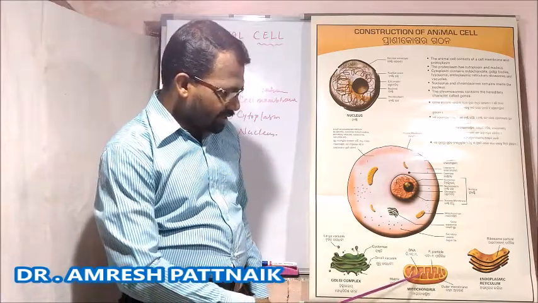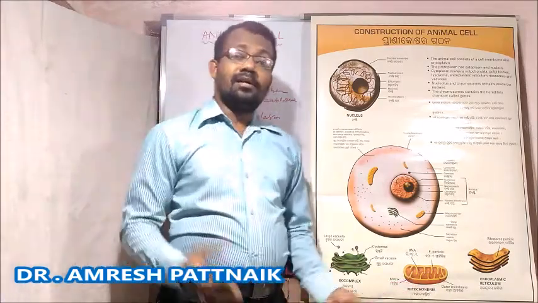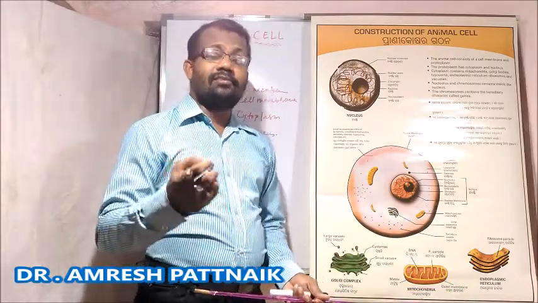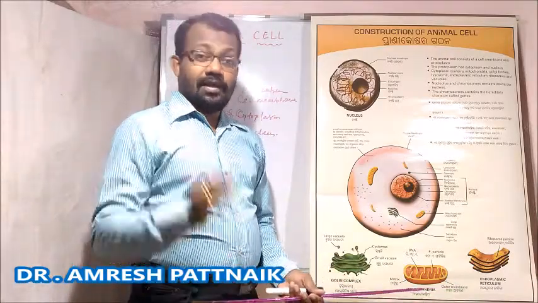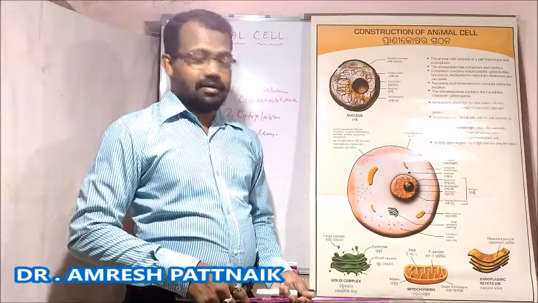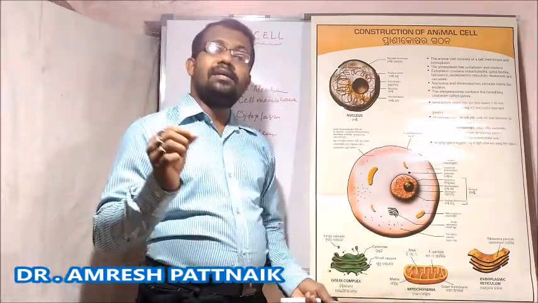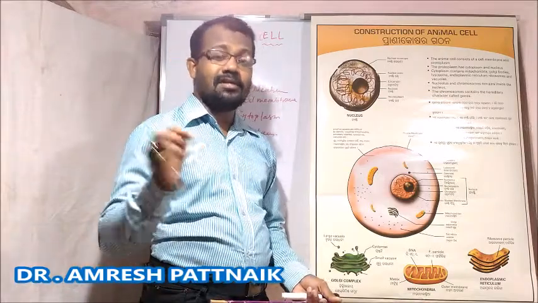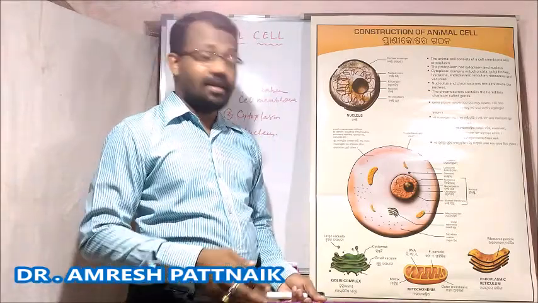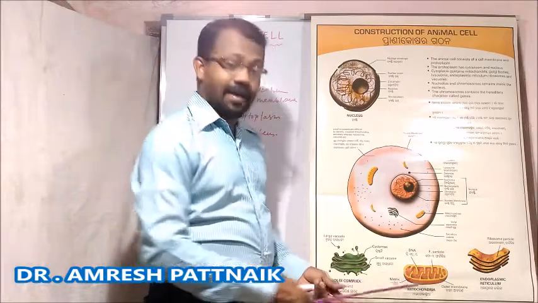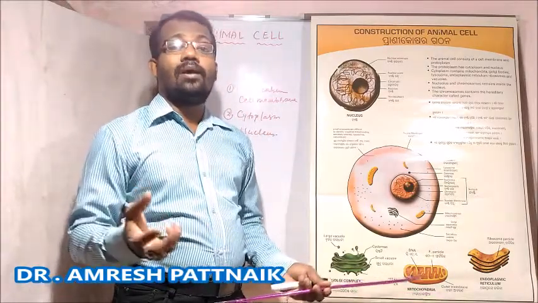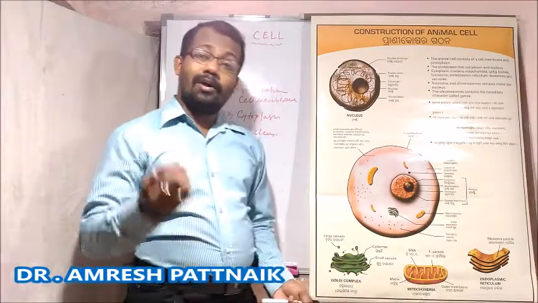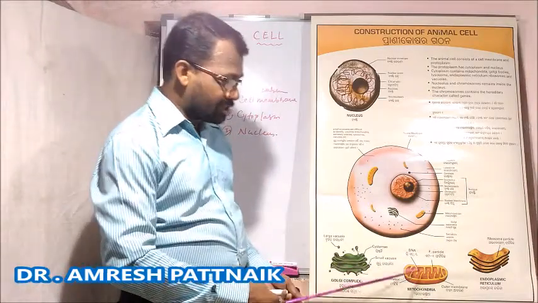These particles are made to store energy in the form of ATP, adenosine triphosphate. So ATP is known as the energy currency of life, and mitochondria is known as the powerhouse of the cell.